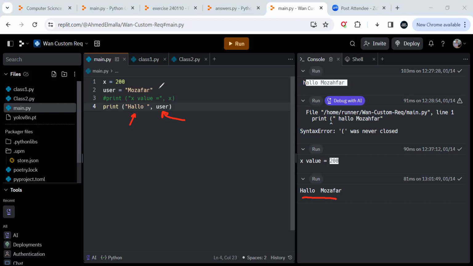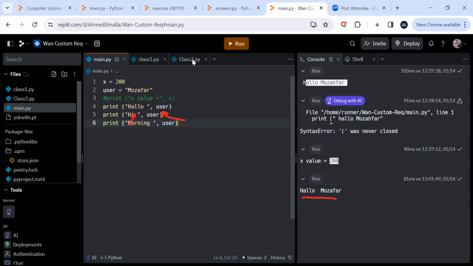Because, assume that you have a few lines like that. So I have 3 lines like that.